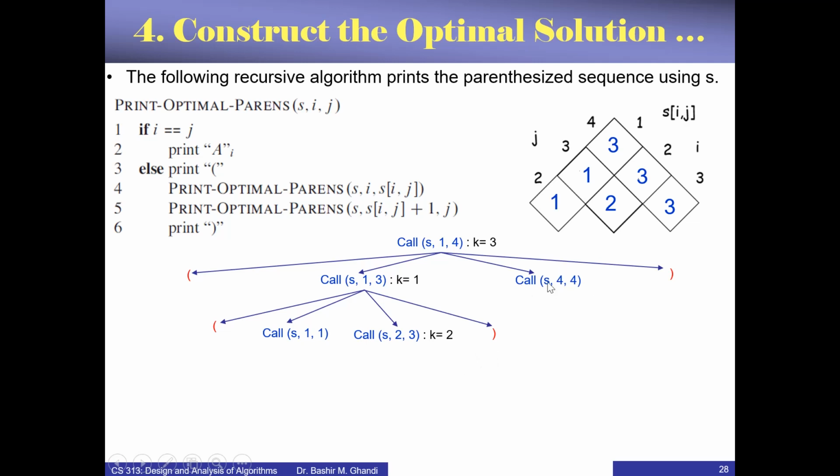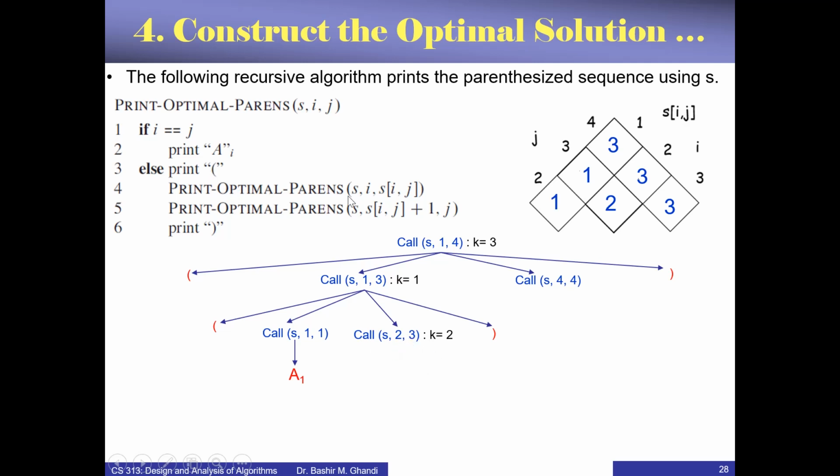Before we come back to this call, let us see what each of these other calls will do. Clearly here, I is equal to j. So the algorithm simply says print A[i]. Well, I is 1, so print A1. So this is our first matrix that will be printed. But in this call, I is not equal to j, so it's going to require 4 different calls.